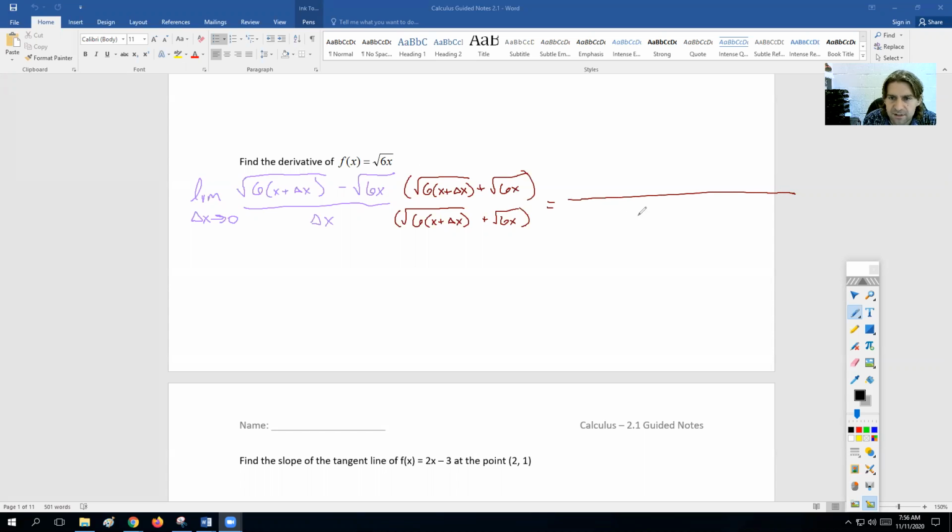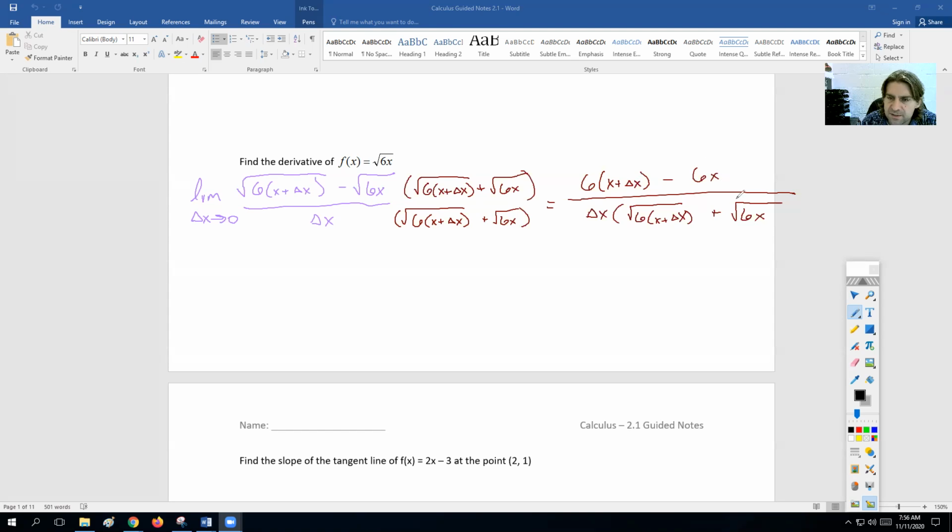Okay, so the bottom is just going to be delta x times the conjugate, radical 6 times x plus delta x plus radical 6x, and the top here, if we distribute this, we'd have a 6 times x plus delta x and then a minus 6x.